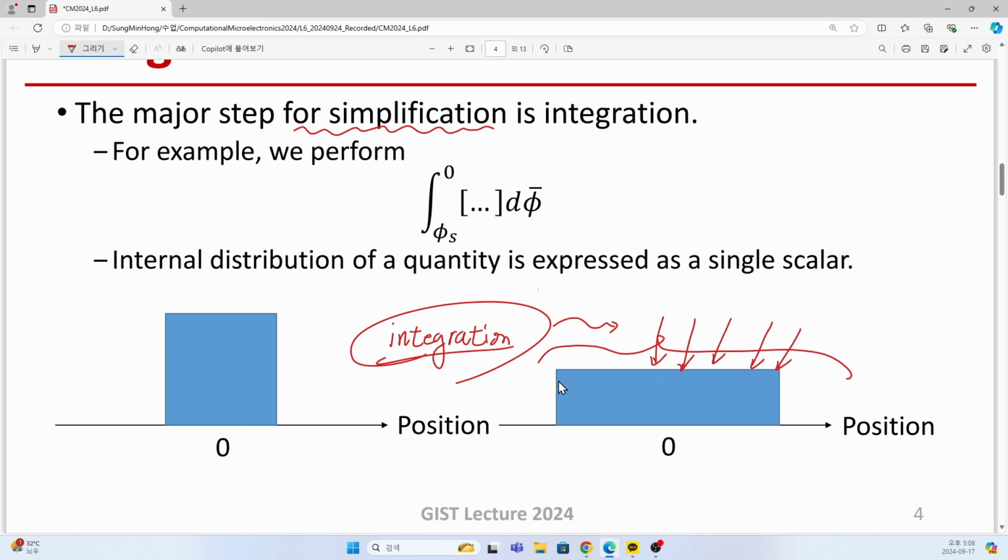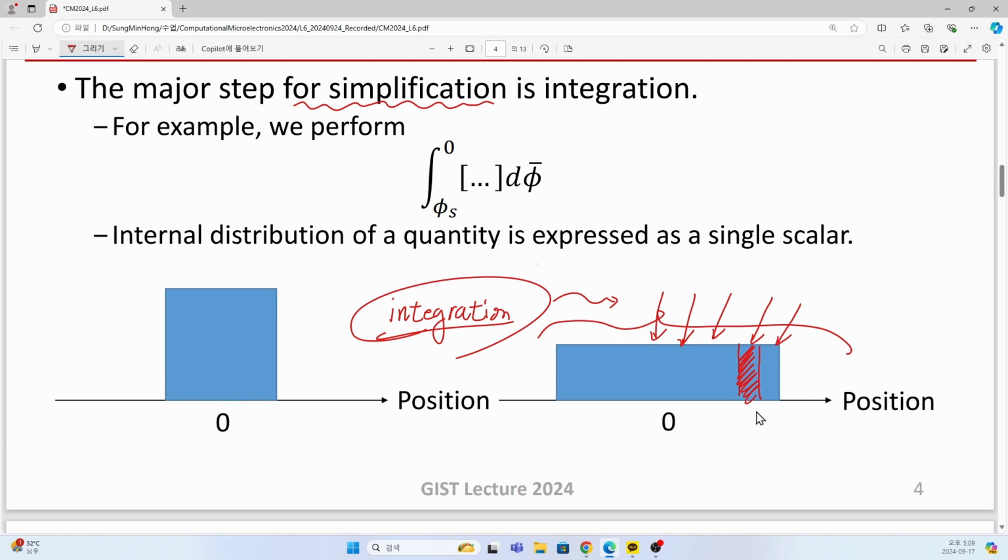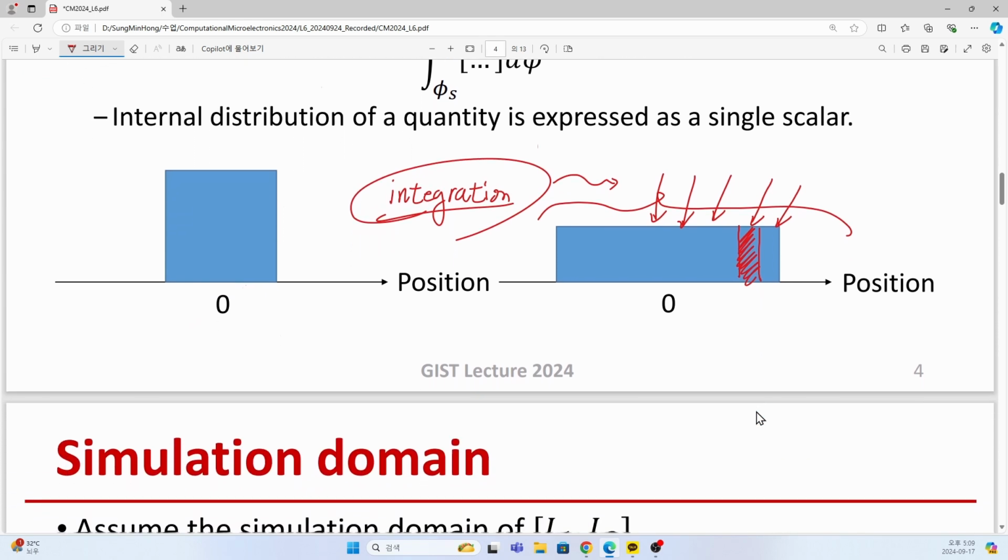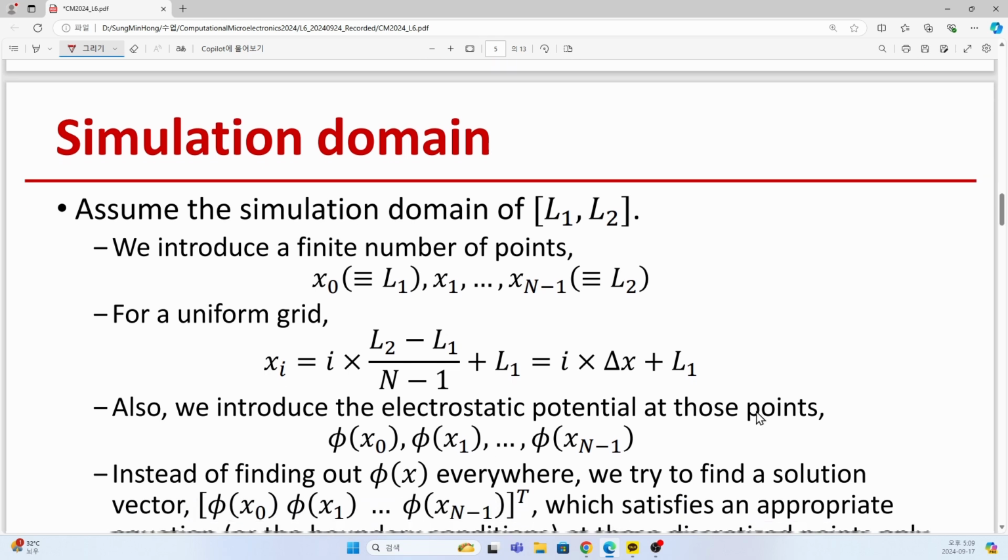So instead of considering an equation entirely integrated over our entire domain, we wanted to have a certain description of an equation only integrated over a small domain, a relatively short distance of our entire domain. So that will be done in our today's lecture. Okay, so let's go to this case.